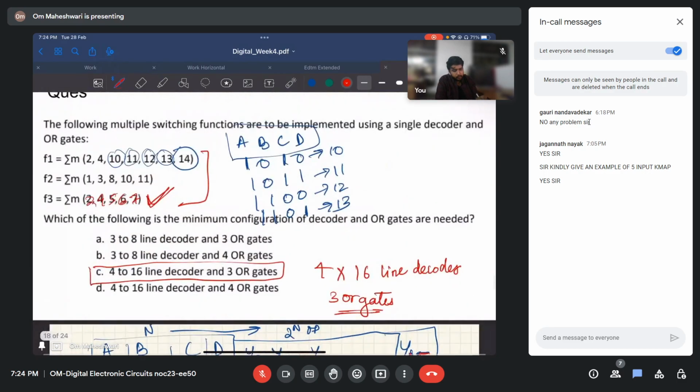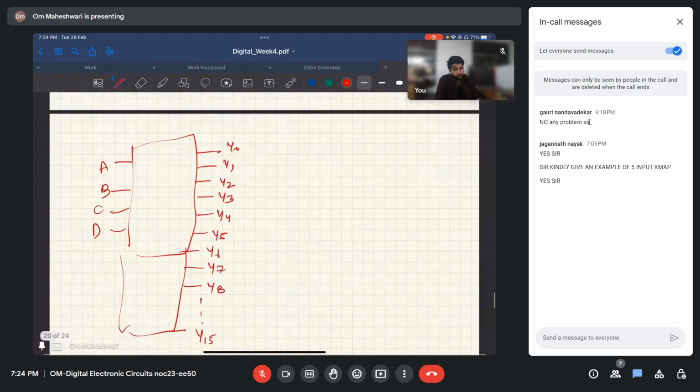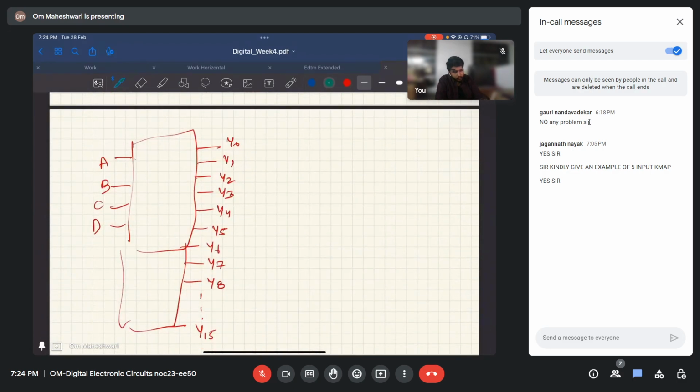Now it says 2, 4, 5, 6, 7. All these will go into an OR gate to implement F3.